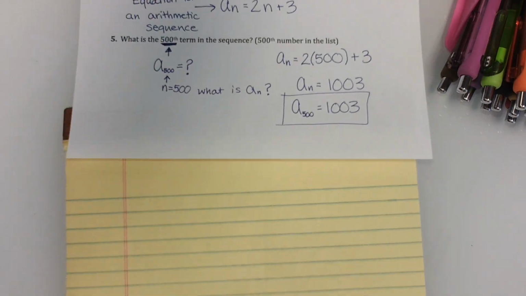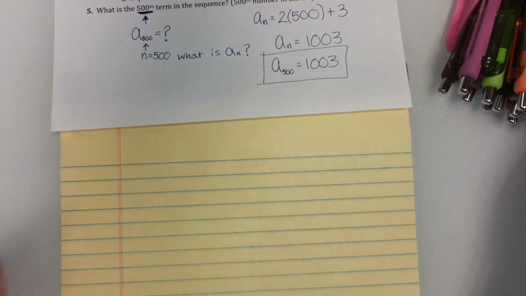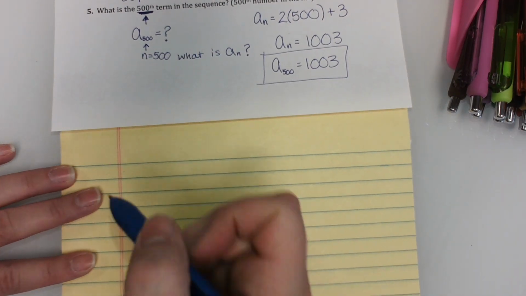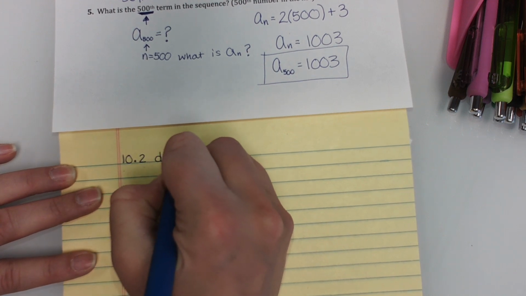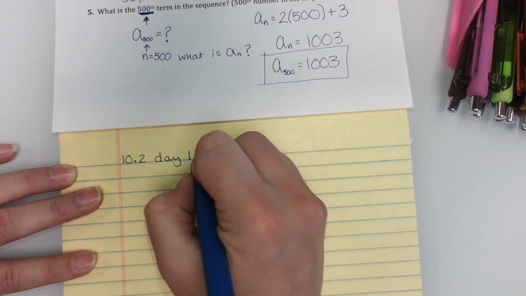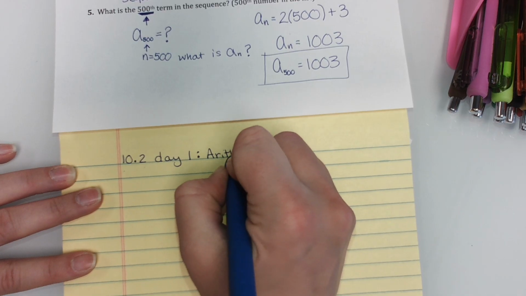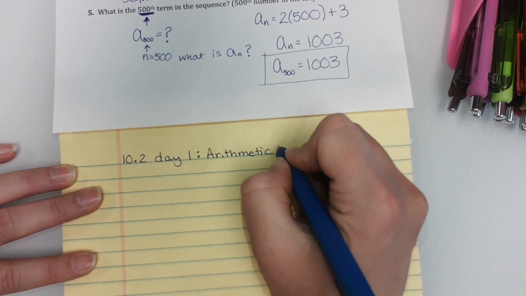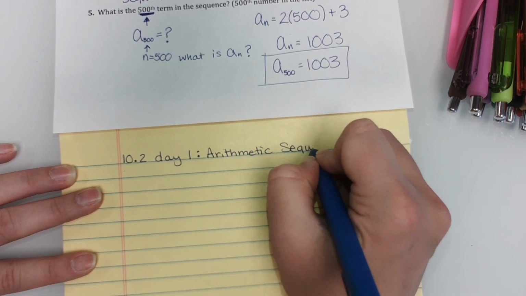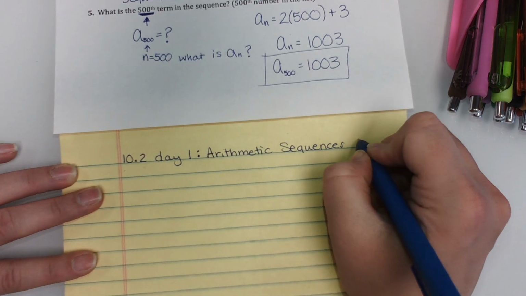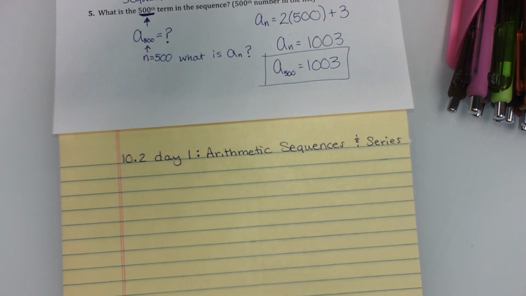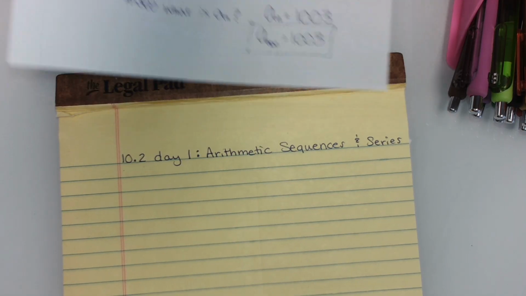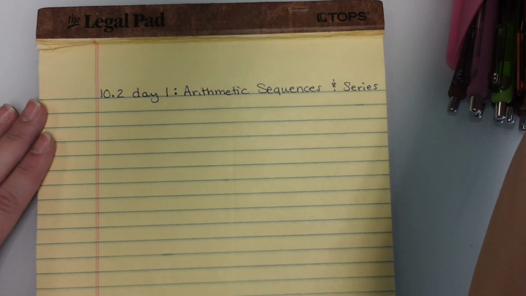All of this builds itself off of working with linear equations because arithmetic looks linear. Section 10.2 focuses on arithmetic sequences and series.